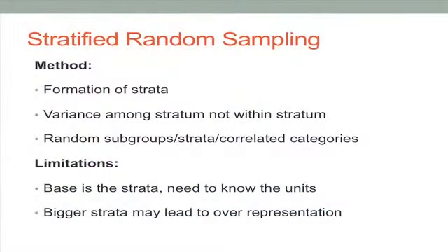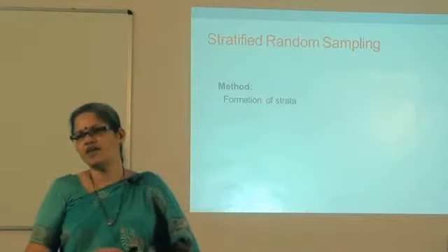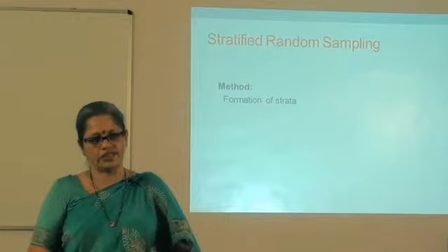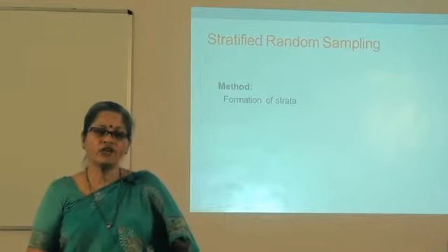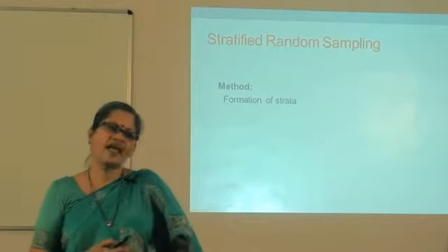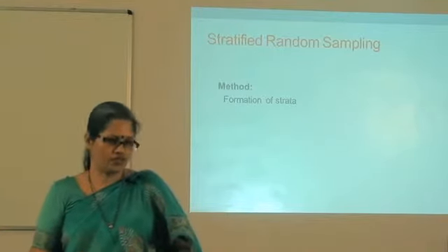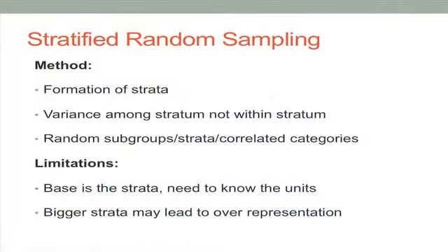So what do we do in stratified random sampling? First we have the formation of strata. So we form the strata. For example, if we are talking about students, then we may talk about male and female students. Or if we are talking about socio-economic strata, then we may have low, medium and high socio-economic strata. Variance among strata, not within a stratum.